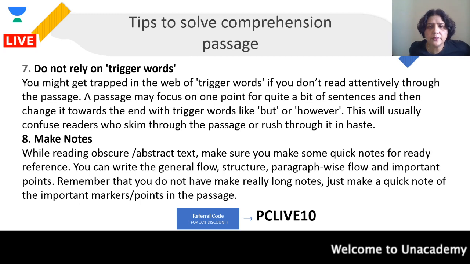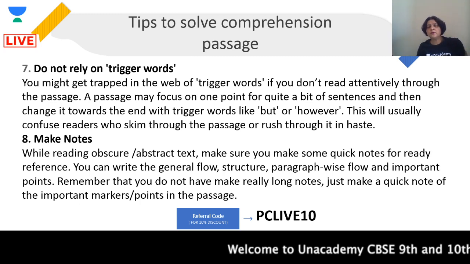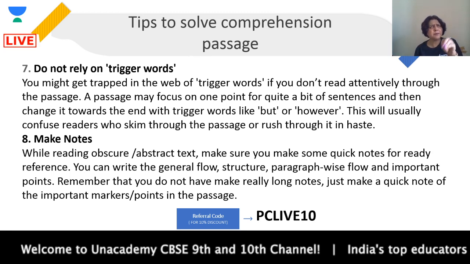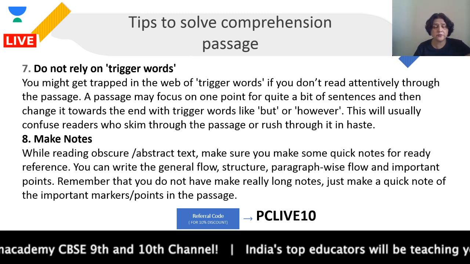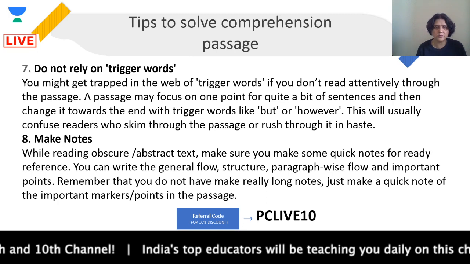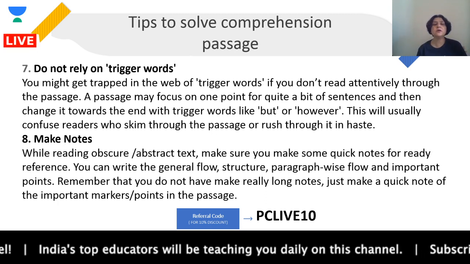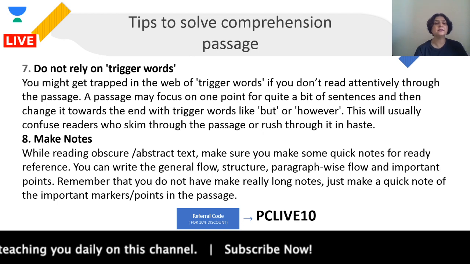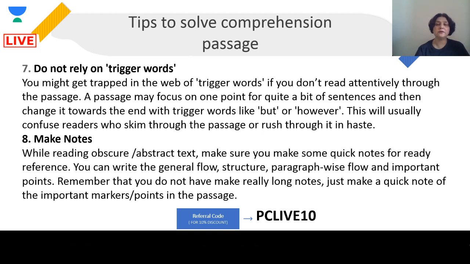Do not rely on trigger words. It means if you don't read attentively through the passage, there may be certain words which might be triggering you or आपका ध्यान इधर उधर चला जाता है. A passage may focus on one point for quite a bit of sentences and then change towards the end with trigger words like but, however.